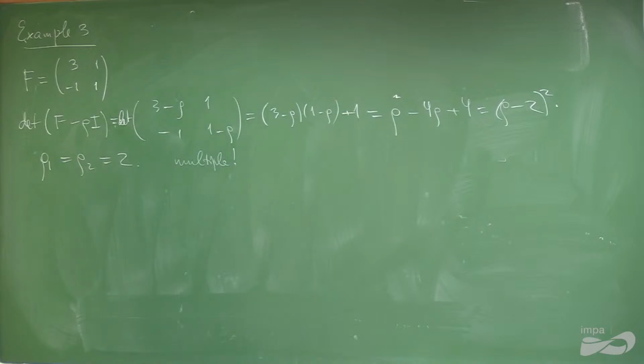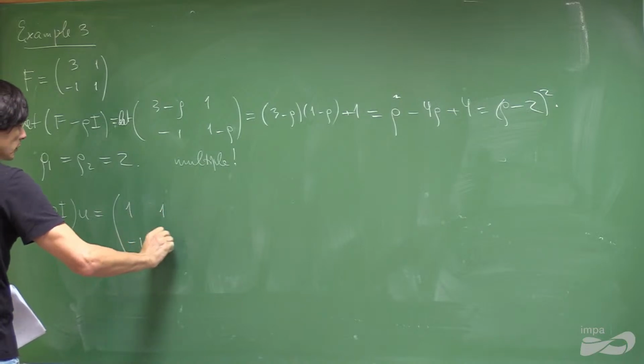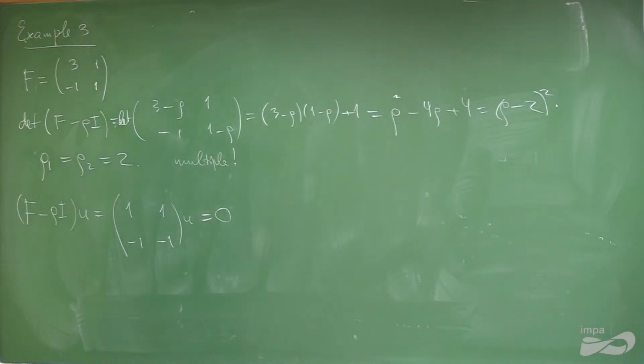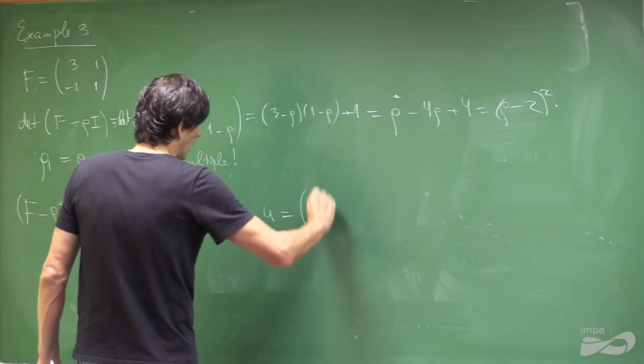And let's find the eigenvector. You subtract 2, it will be 1, 1, minus 1, minus 1. And you see that we only have one eigenvector up to a constant.